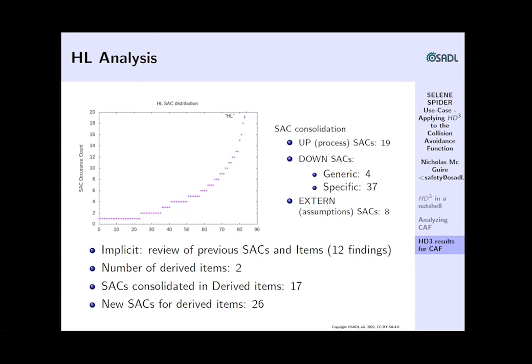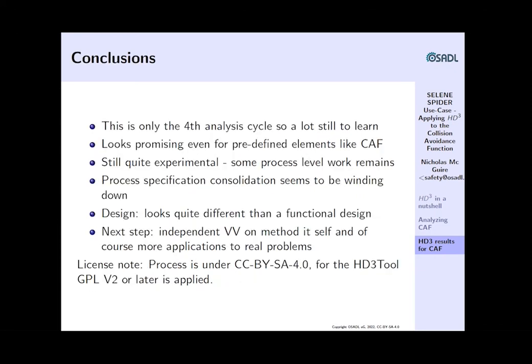So, last slide, conclusions. This is only the first analysis, the fourth analysis cycle of a safety-related project that we have been doing. So we still have some development ongoing in the method itself, some adjustments of processes or process steps, but it's getting less and less.